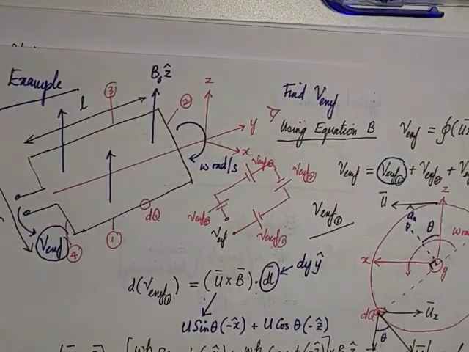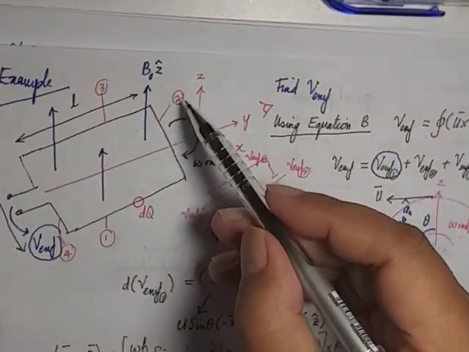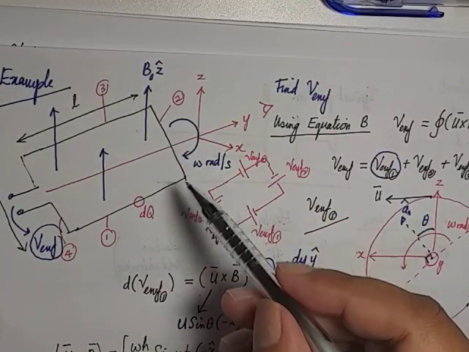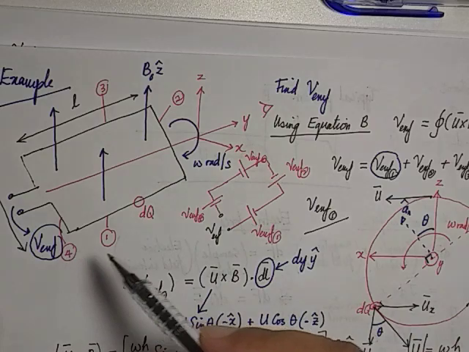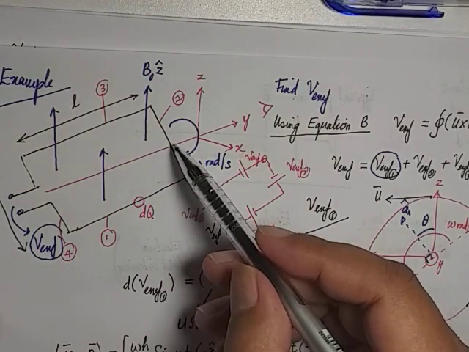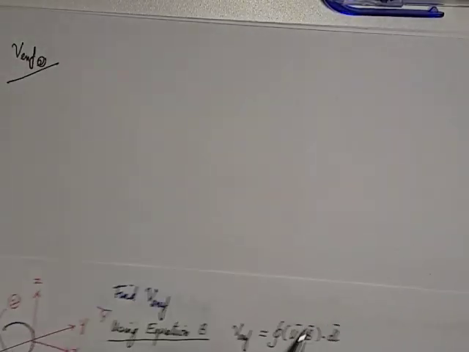Remember what happened? We are focusing on this particular structure, number 2. So I'm going to repeat what we have done for finding VEMF number 1. I'm going to redraw this particular problem in two dimensions. So let's do that.